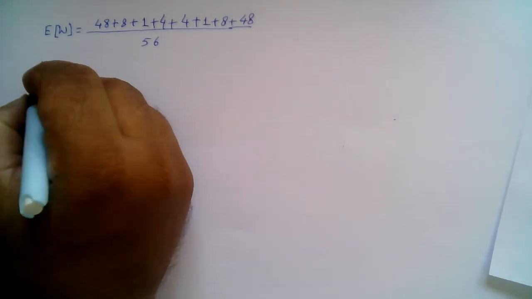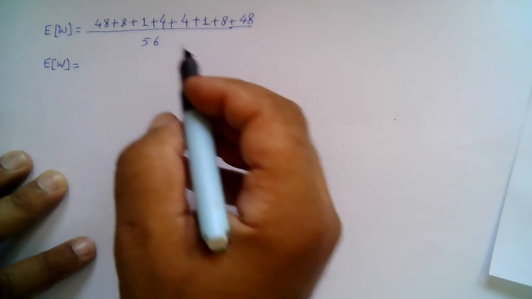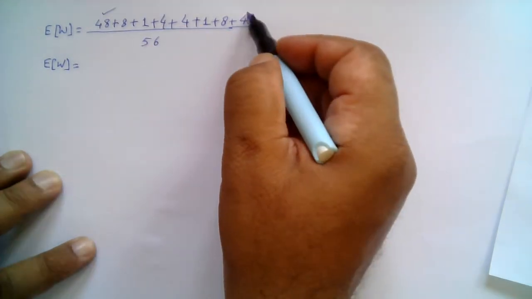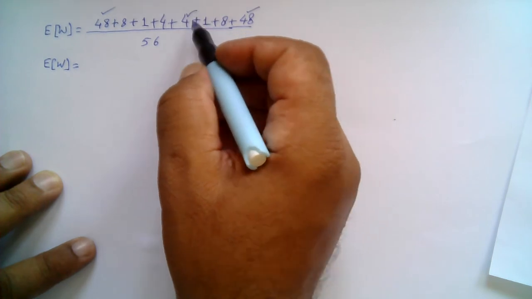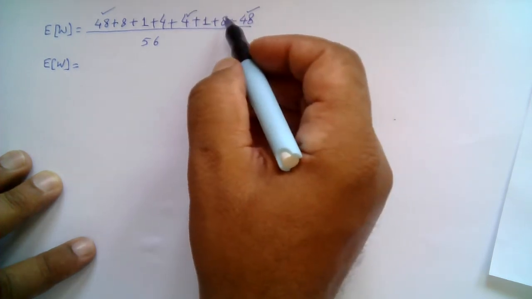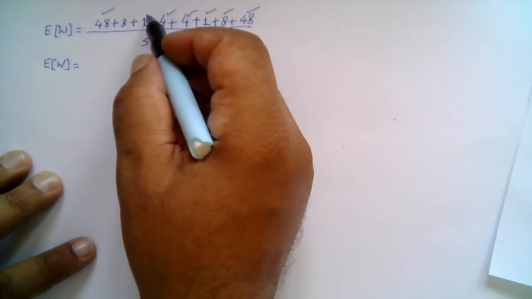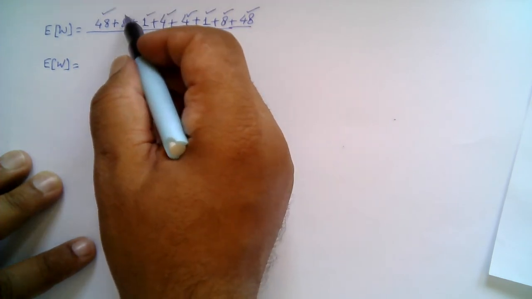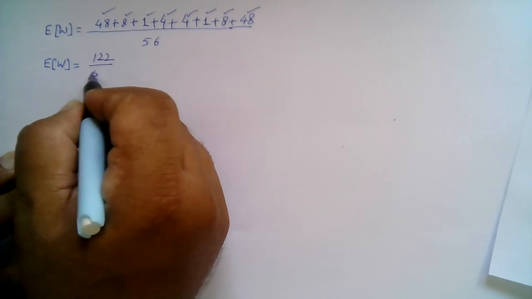So expected value of W, so 48 plus 48 is 96, plus 4 plus 4 is 100, so 108, 109, 113, 114 and 122, so 122 over 56.